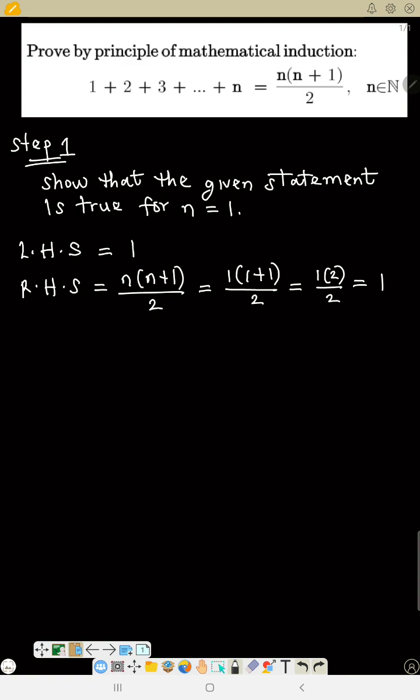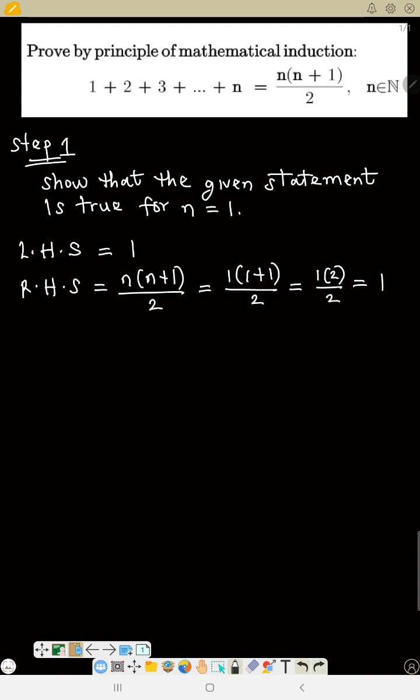So what do you observe here now? You can see that the sum of the first number in the left hand side is 1 and the sum of the first number in the right hand side is also 1. So far we achieved this.